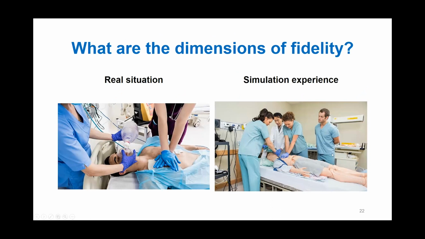So we need to make sure that at least we have a mannequin that looks like the patient. Sometimes if we have a trauma patient, we add moulage, like for a burn. If the mannequin is having a burn, we add some burn marks, for example. We add some deformities. If it's a pediatric patient, we bring a small mannequin. So make sure that the physical fidelity is the same.